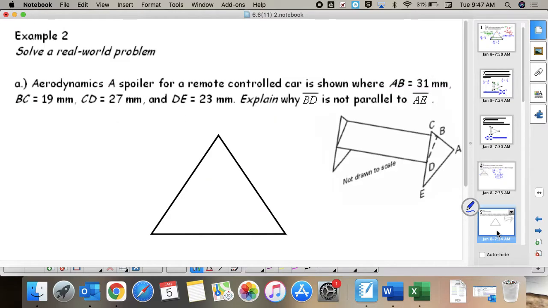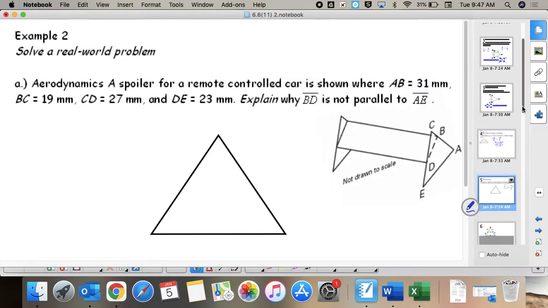Now the next problem says a spoiler for a remote control car is shown where AB is 31, BC is 19, CD is 27, and DE is 23. It says explain why BD is not going to be parallel to AE. I'm going to redraw this just so we can look at it straight on.